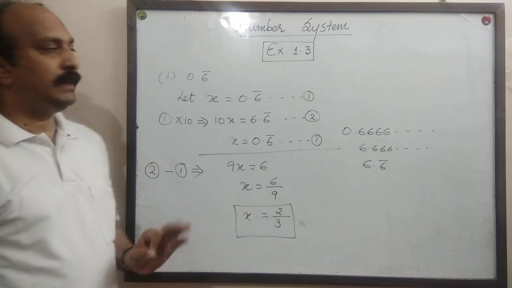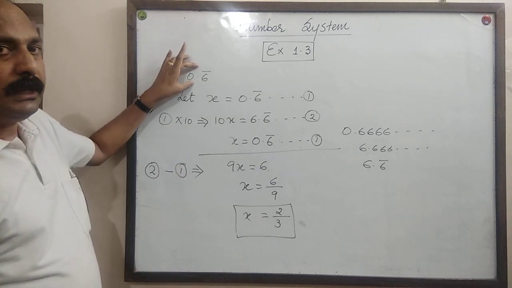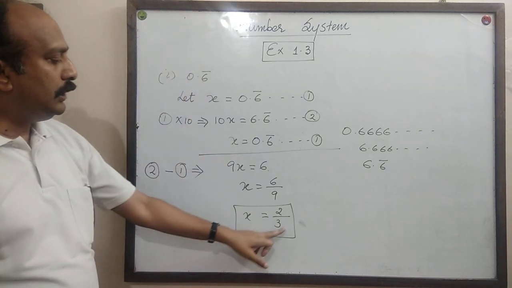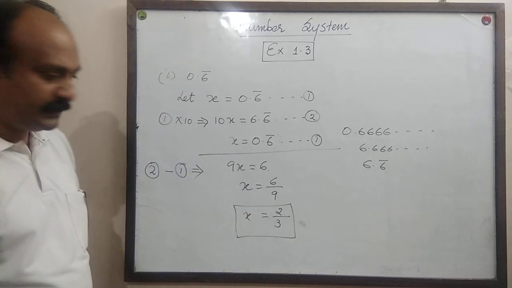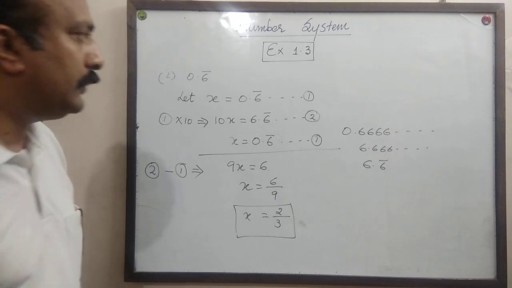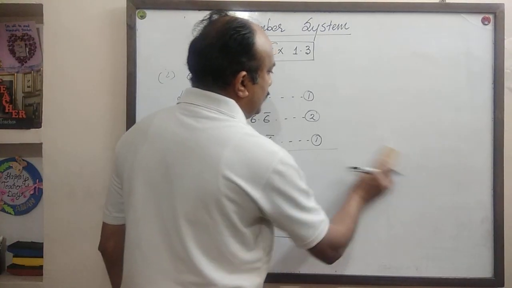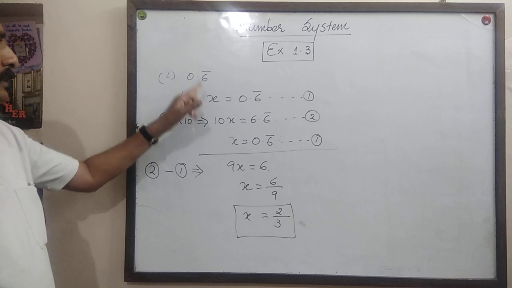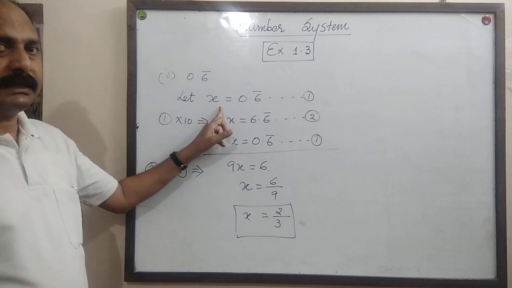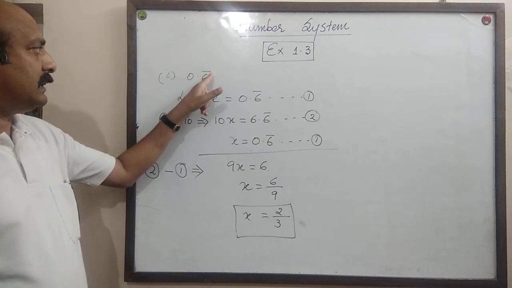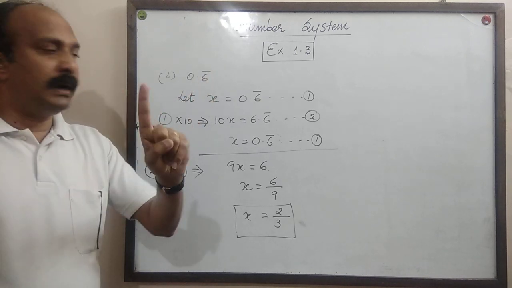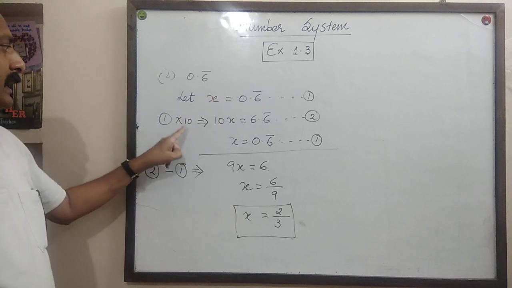This is the method of changing a non-terminating recurring decimal into P upon Q form. All of you see once again the steps. I hope it is clear to all of you. So first step, let the given question be x, equation number 1. Then count the number of digits under the bar sign. If it is 1, multiply the whole equation by 10.